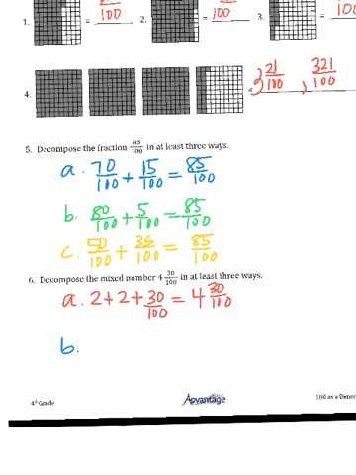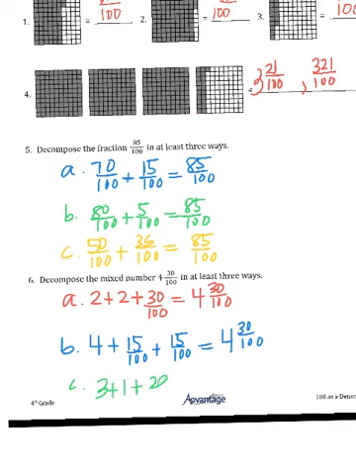Let's try 4 plus 15 hundredths plus 15 hundredths equals 4 and 30 hundredths. And let's try 3 plus 1 plus 29 hundredths plus 100. We got super crazy there. Equals 4 and 31 hundredths.